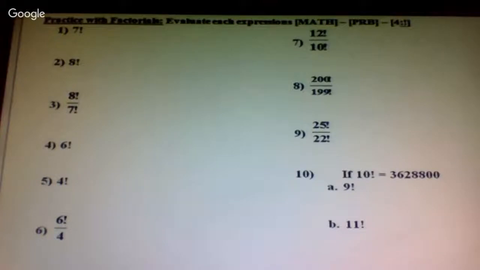So if I give you 7 factorial on the test, I want to see 7 times 6 times 5 times 4 times 3 times 2 times 1. I'm not looking for an answer. I'm looking for, can you write it out? So then 8 factorial, all I do is start with 8, 7.